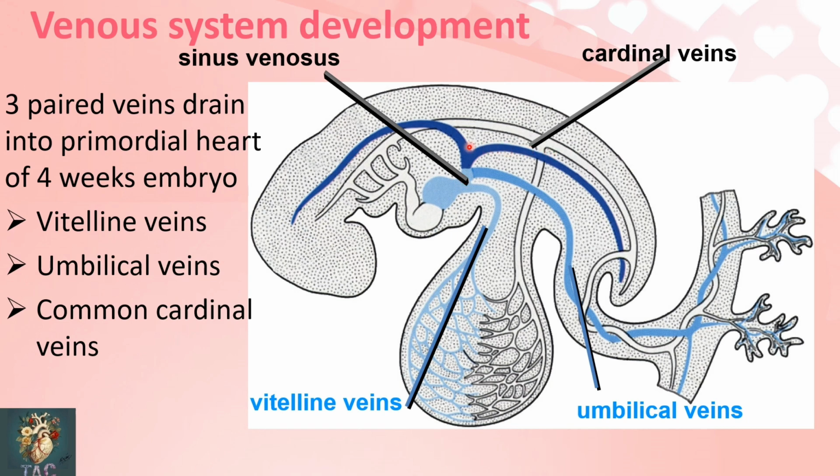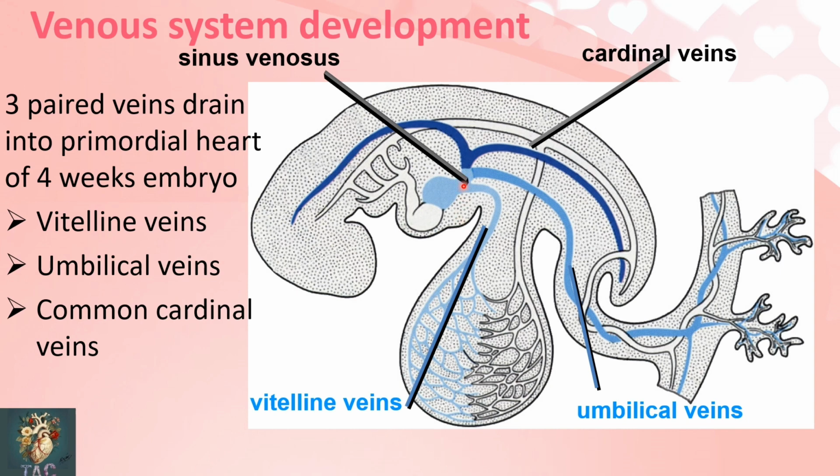And the third pair are the anterior and posterior cardinal veins, which drain the cranial and the caudal parts of the body, and these two veins join to form the common cardinal vein, which again enters the sinus venosus. So these are the three paired veins, on both the right and left sides of the heart initially.